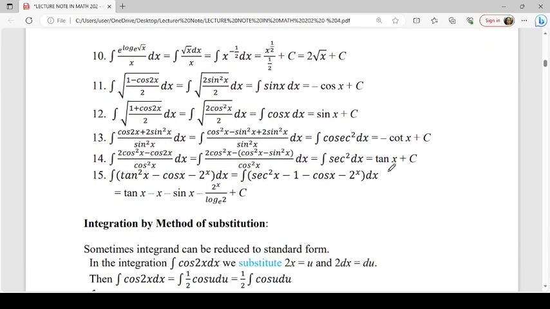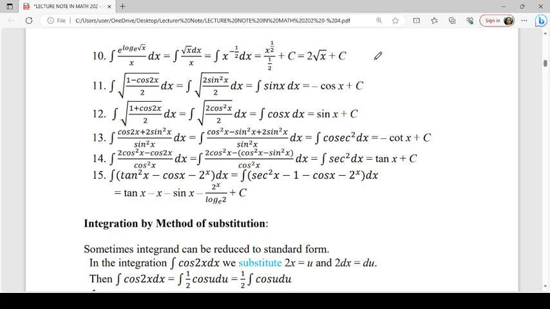Then this one is log of, so this e and e are the same. So in place of this we can write root over x. This x is the denominator, and we can simplify this: x to the power half divided by x.